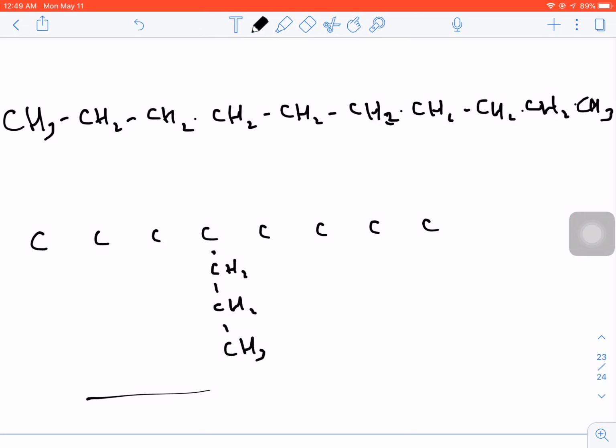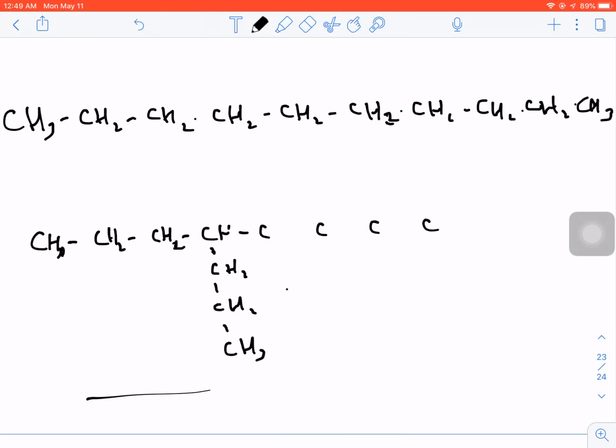Now notice that this first carbon here needs 3 hydrogens because it only has 1 bond to carbon. This carbon needs 2 hydrogens. This carbon needs 2 hydrogens. This carbon here already has 1 bond, 2 bonds, 3 bonds to carbons, so it only has 1 electron left.